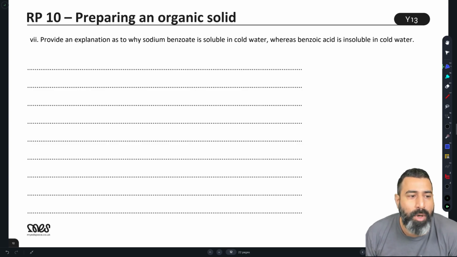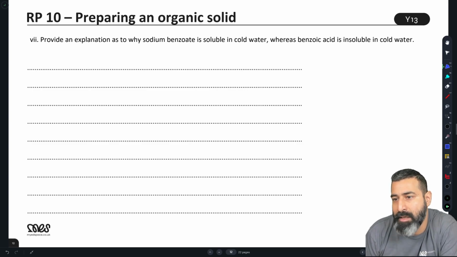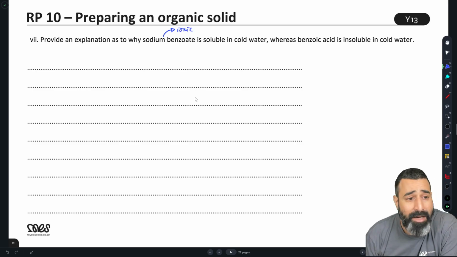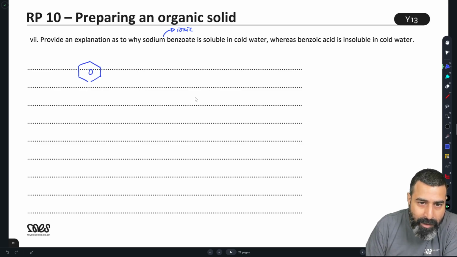Okay, question 7 of this question. Okay, so we need to provide an explanation as to why sodium benzoate is soluble in cold water, but benzoic acid is not. Okay, so sodium benzoate is ionic, so therefore soluble. But when we're looking at benzoic acid, so let's just draw the two out and compare and contrast.